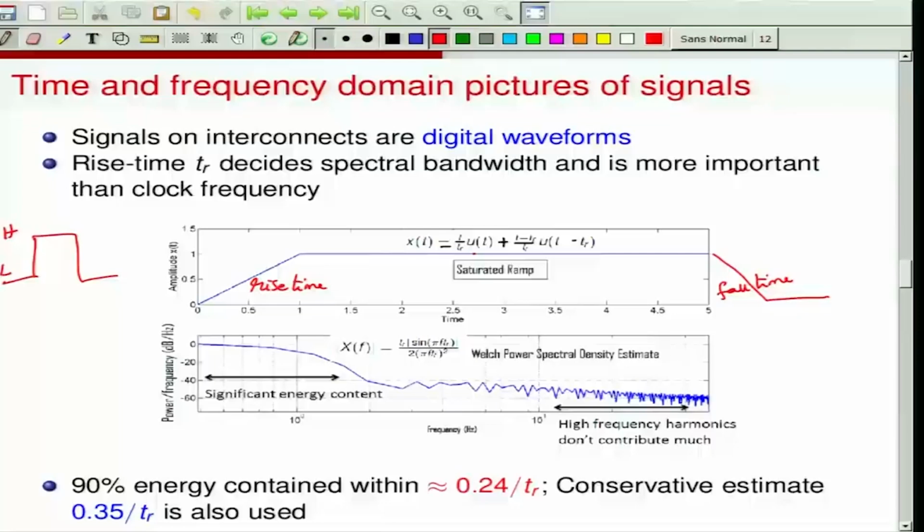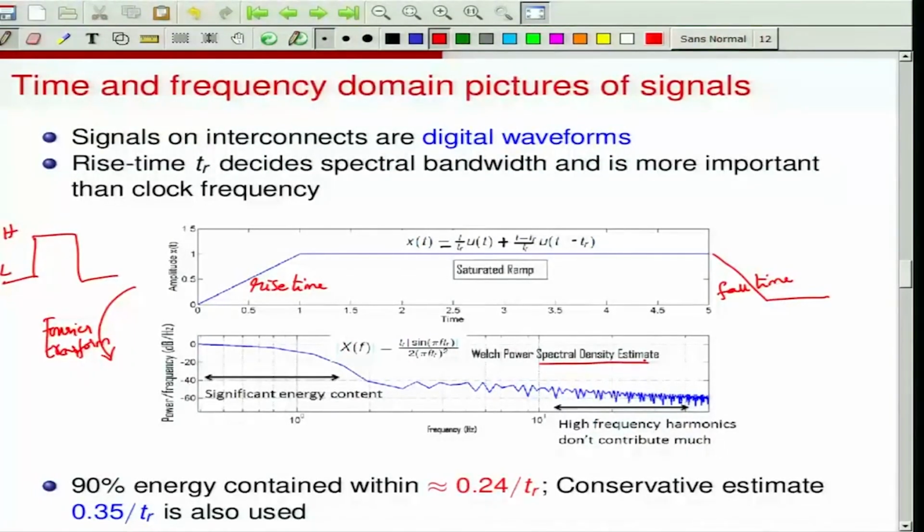We might get slightly interesting observations when we go from time to frequency domain. How do you go from time to frequency domain? You take the Fourier transform. When you do that, rather than looking at the Fourier transform, we will look at what is called the power spectral density.